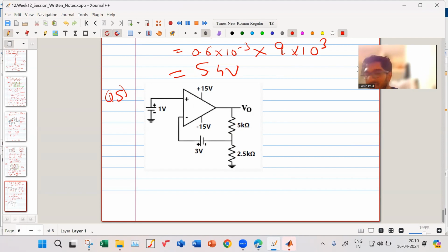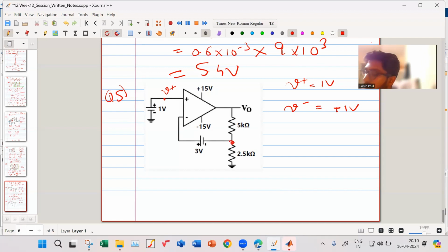But whether others have understood is the question. So Akash, Bharat, did you understand? Sir, can you just repeat what he said? Okay, so what he's saying is the voltage over here, this is V plus. Your V plus, you know it is 1 volt. Your V minus, you know it is equal to plus 1 volt.